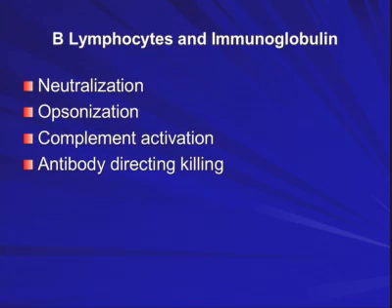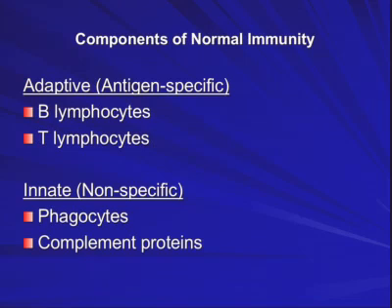The two large categories are the adaptive immune system and the innate immune system. Now, the adaptive immune system, these are cells and molecules that have specific receptors that bind to specific protein sequences on infecting organisms and help direct the rest of the immune system to attack and kill those organisms.